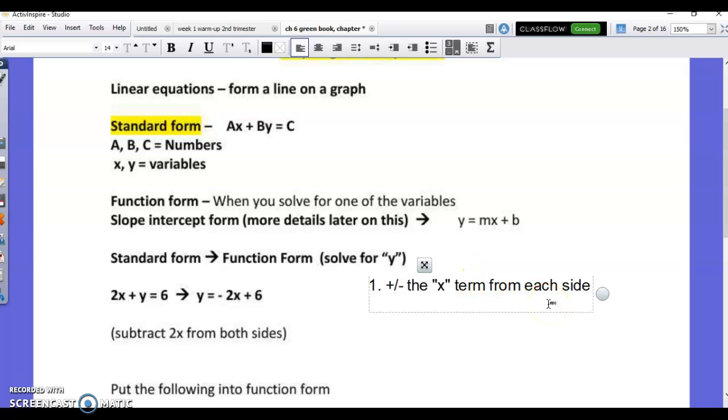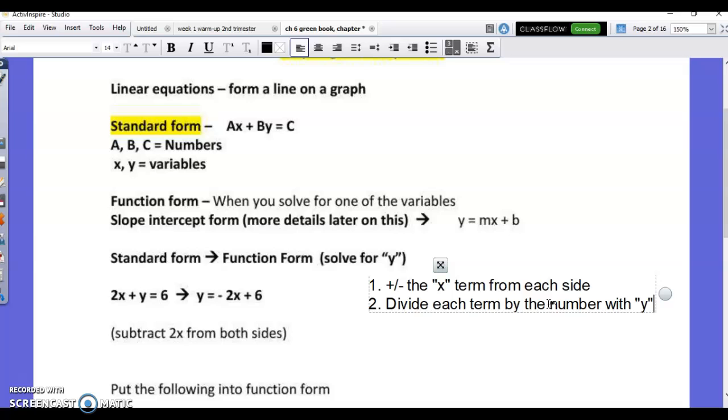The next step, which would be step 2 we'll call, is to divide each term by the number with y. We call that the coefficient. If it's not 1, then you would have to do that step.